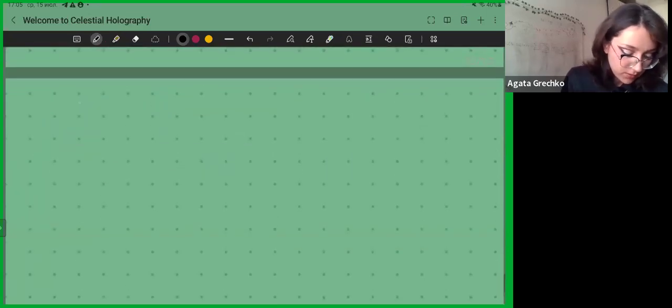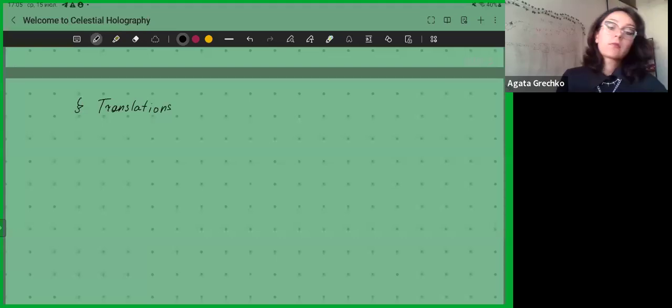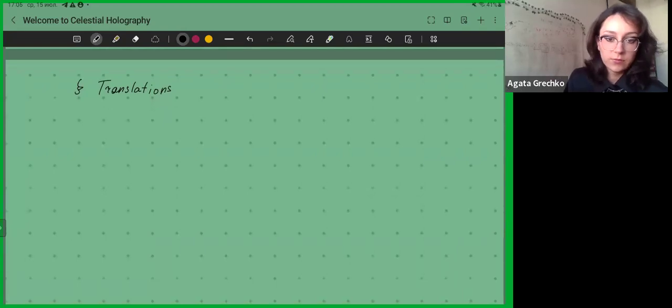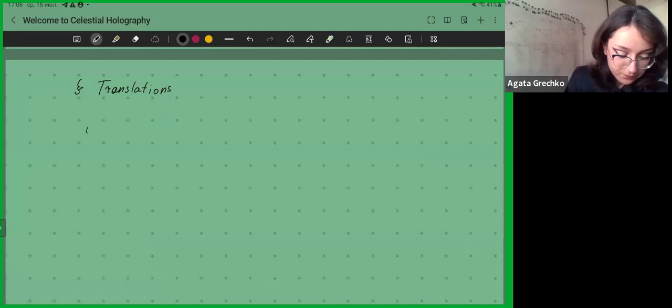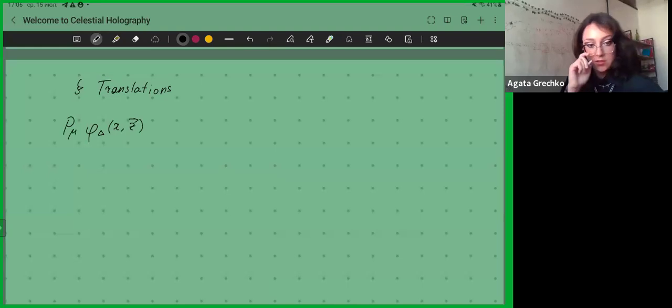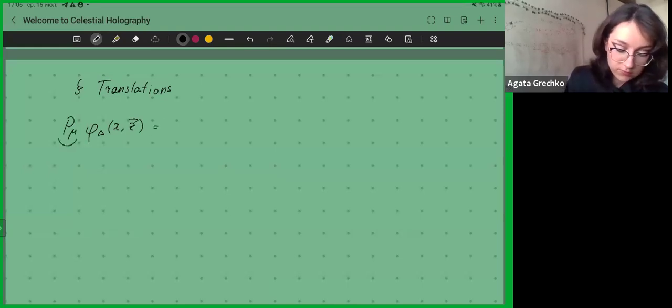Let's start a new page. Translation symmetry. Nothing difficult. We will just act with the translation generators on our conformal primary wave functions and see what happens. So we start with our conformal primary wave function, depending on x and z, and we act with the generator of translations. Written in the momentum basis, this is the derivative with respect to coordinate, right?